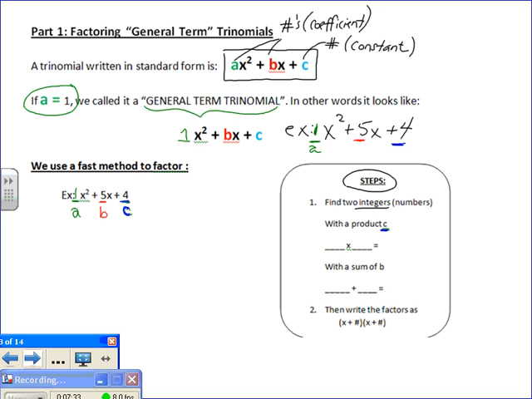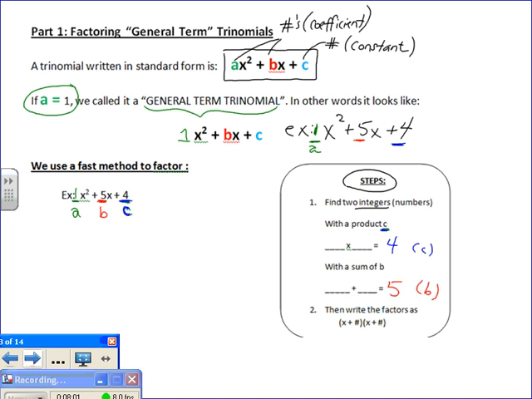We are looking for two numbers that multiply to give us C, which is 4, and those same two numbers have to add together to give us B, which is 5. So we are looking for two numbers that multiply to give us the last term and add to give us the middle term.